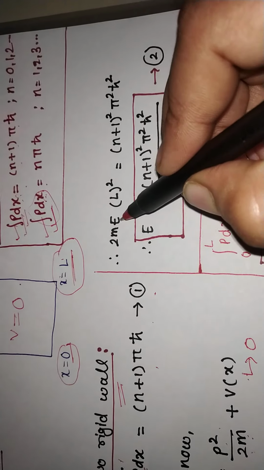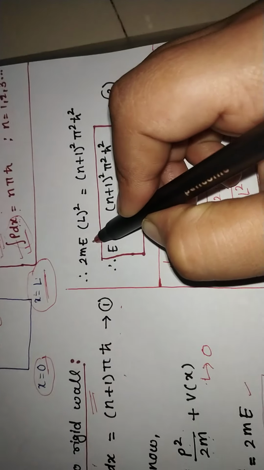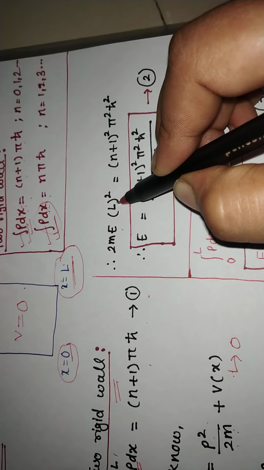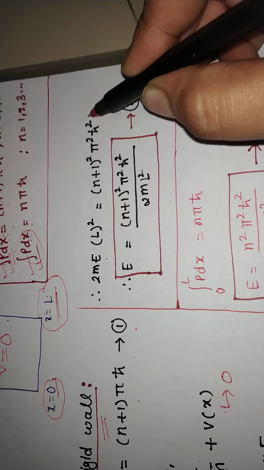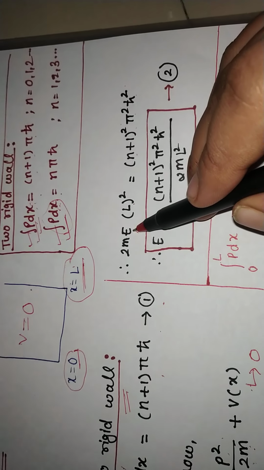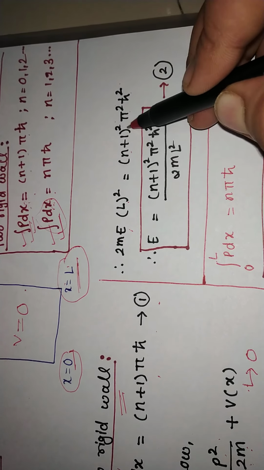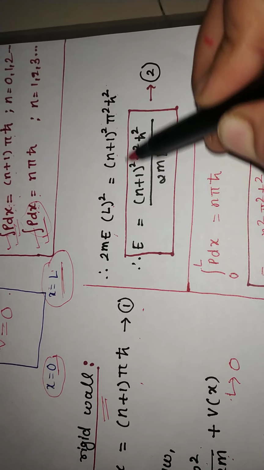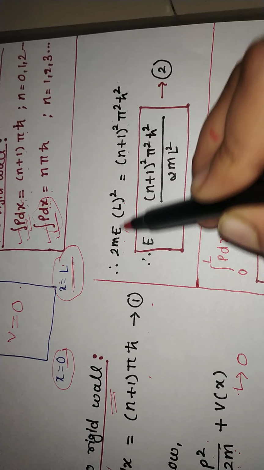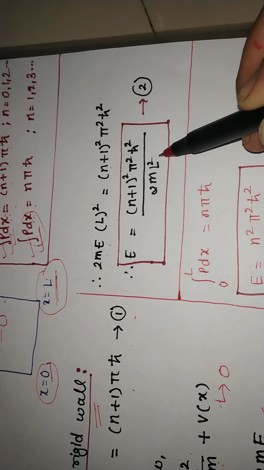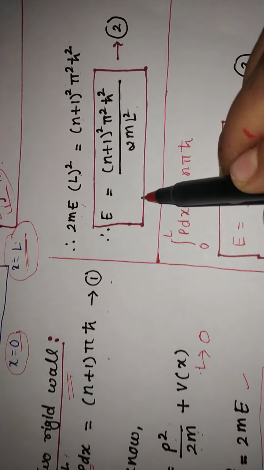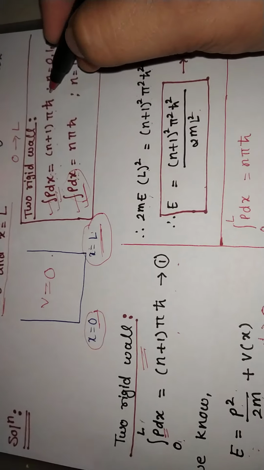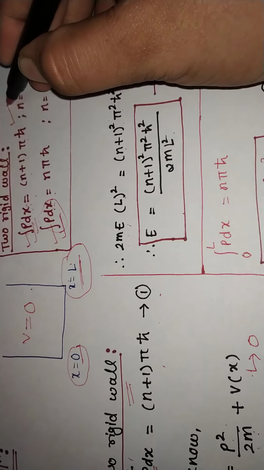By squaring both sides, the square root over 2mE cancels, and L becomes L squared, and we get n plus 1/2 whole squared, pi squared, h cross squared. So E will be the right hand side as it is, with 2mL squared going down. This is the answer by using the first formula, the first two rigid wall formula.